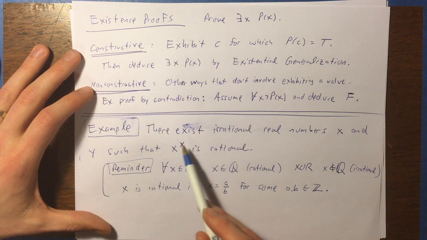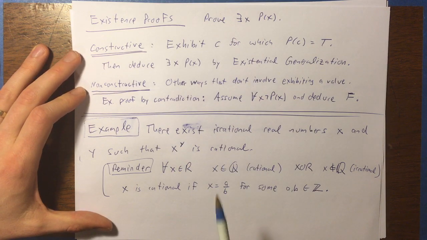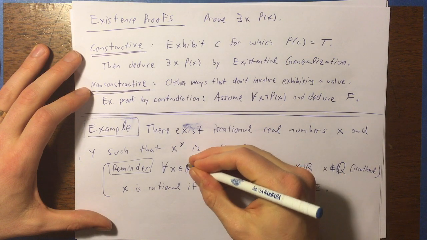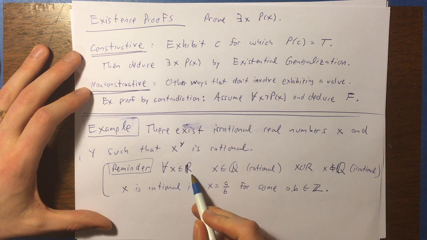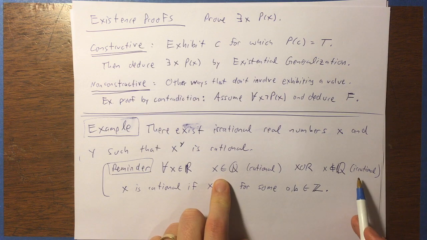So x and y are both irrational, but when you take one raised to the power of the other, you get a rational number. Reminder, this is meant to be over the set of real numbers. For all x in the set of real numbers, x is either rational or irrational.